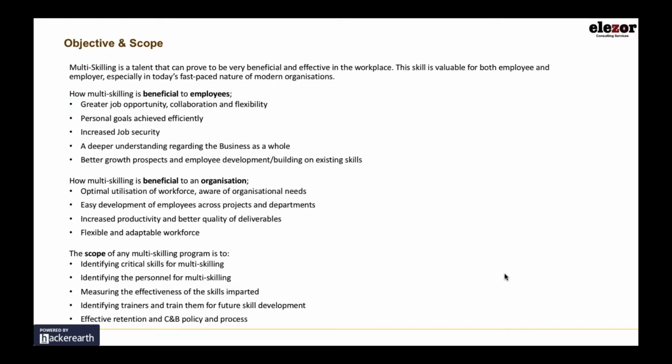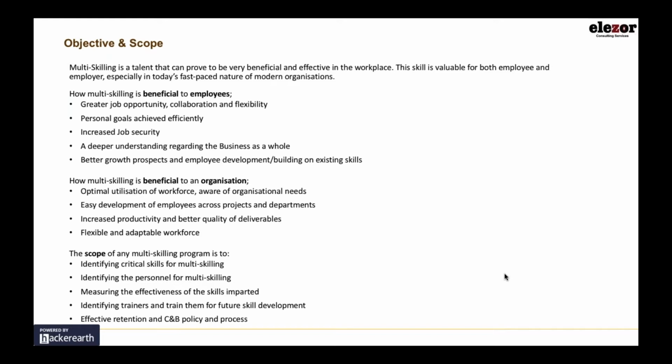Multi-skilling, as most of us know, is basically multiple skills that a person has, which can be beneficial and effective for the workplace, and valuable for both the employee and the employer, looking at the pace and nature of work that new organizations are working in. The kind of skills that people require these days to perform their job are multifaceted. There are benefits to both employees and organizations.